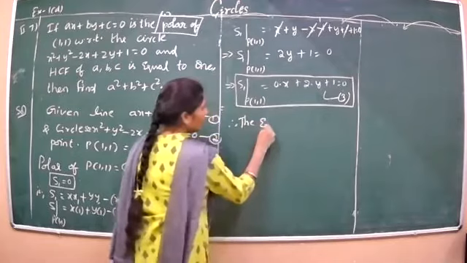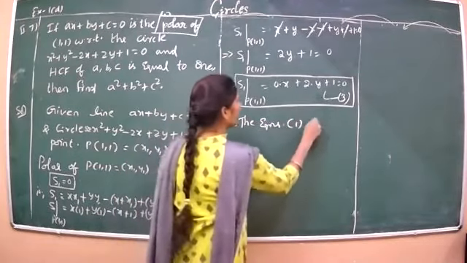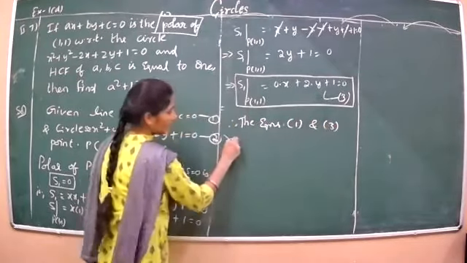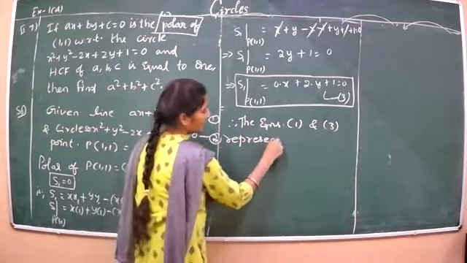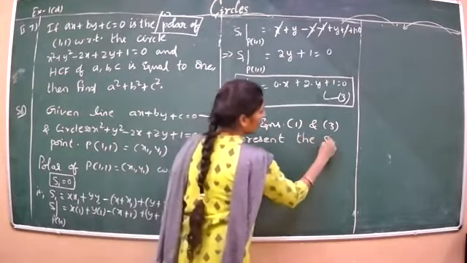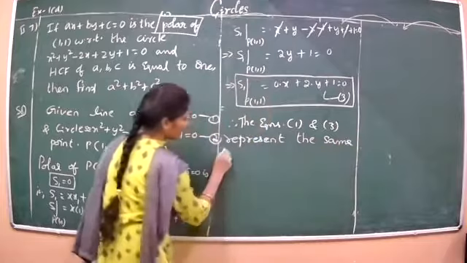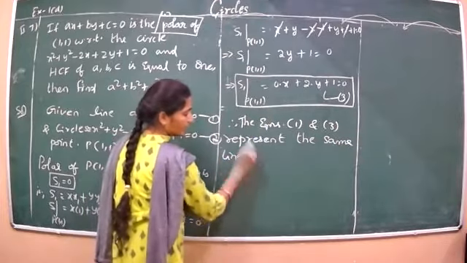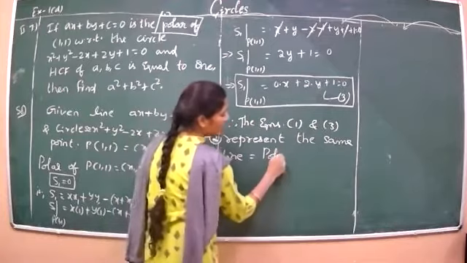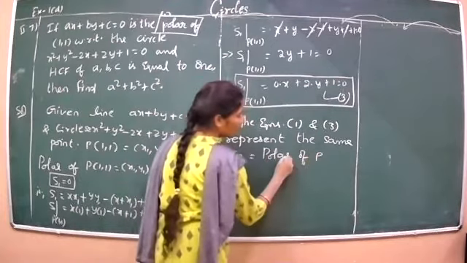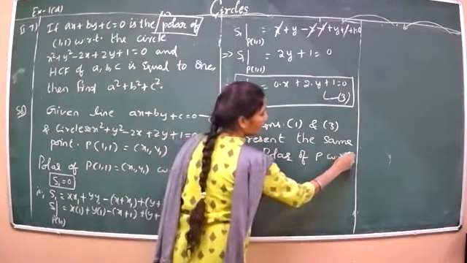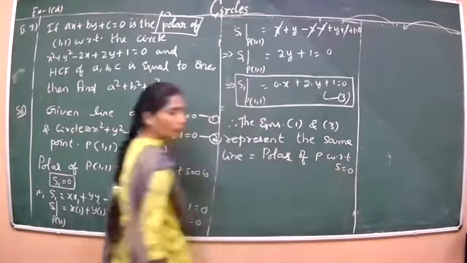Therefore, equations 1 and 3 represent the same line, which is equal to the polar of P with respect to S equal to 0.